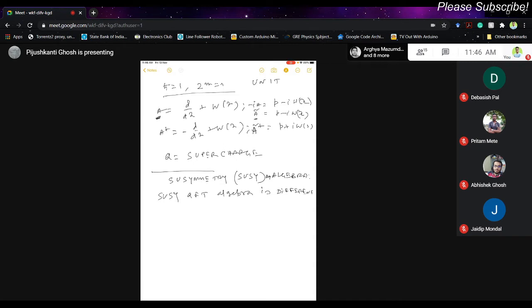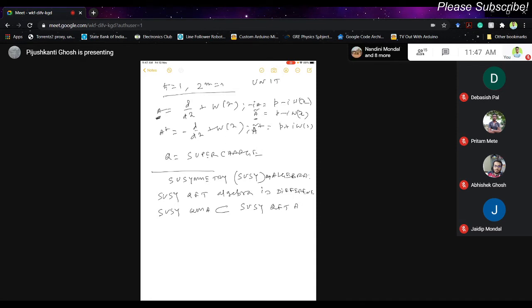And the SUSY quantum mechanics algebra is a subset of the SUSY QFT algebra. If we don't consider any internal symmetry, just space-time symmetry, then whatever algebra we get is larger. I am writing here the supersymmetric quantum mechanics algebra.